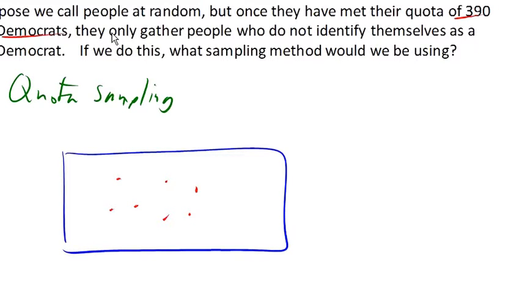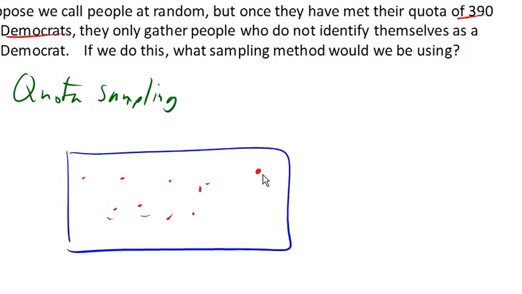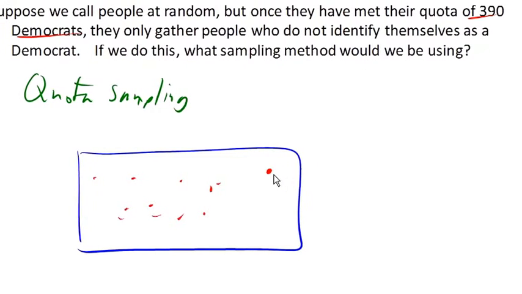So let's say I've sampled 600 people, and I've already talked to 390 Democrats. I call up the next person and say, hi, are you a Democrat or Republican? And they say, I'm a Democrat. And I say, I'm sorry, I already have enough Democrats, so I'm not going to talk to you. And that is the idea of quota sampling.